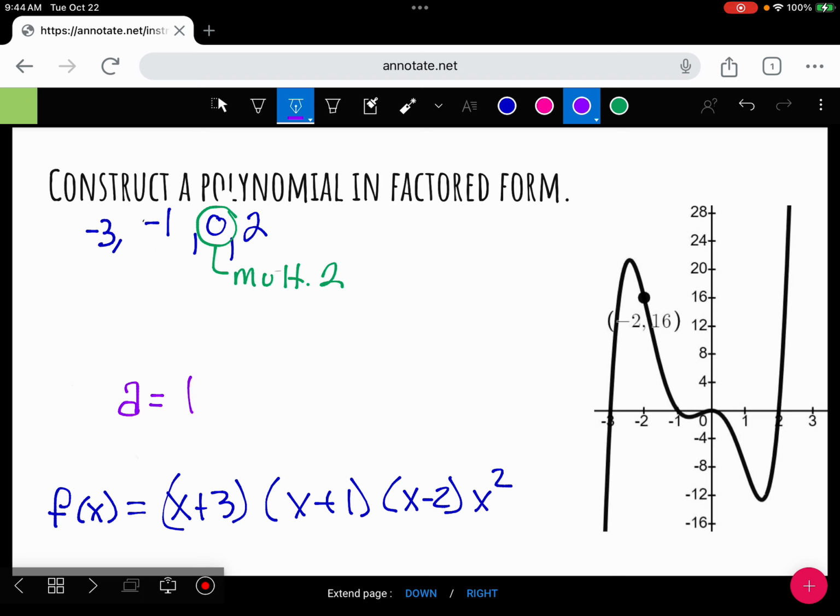Our a is 1, which means our final f of x form is exactly what we would write for factored form normally.